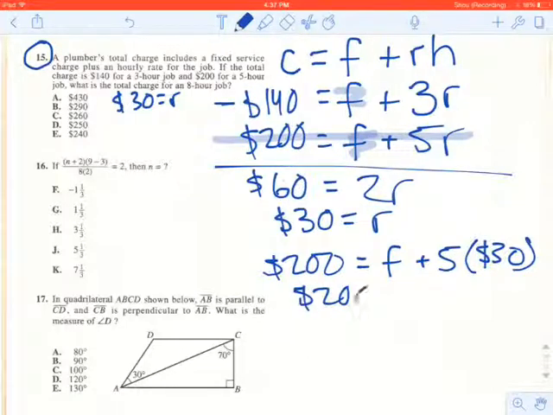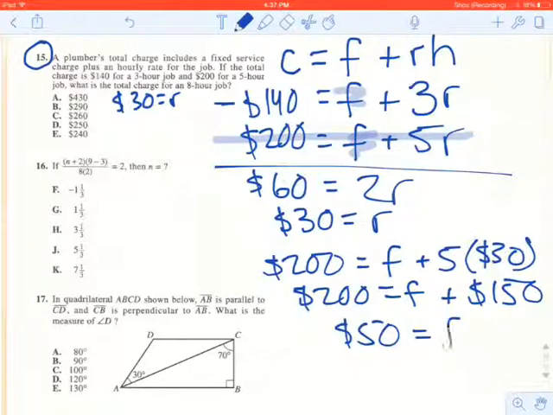So $200 equals F plus 150, and then we subtract 150 from both sides, and we see that F equals $50. F is 50. And now we need to solve for the charge of an 8-hour job.